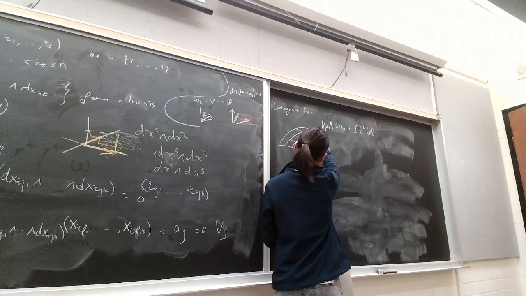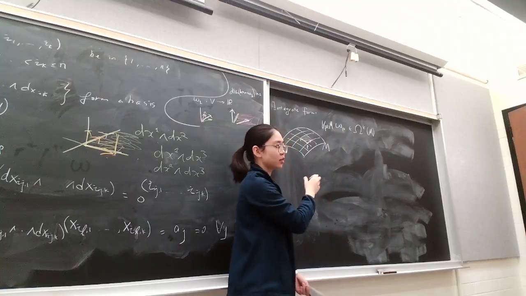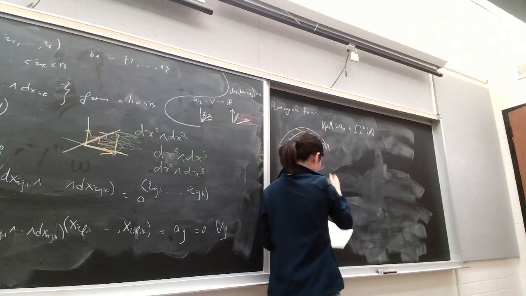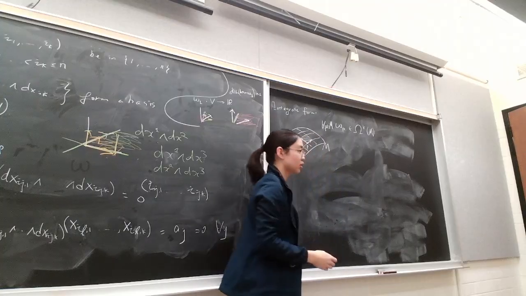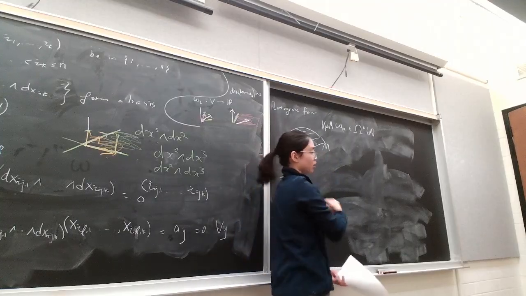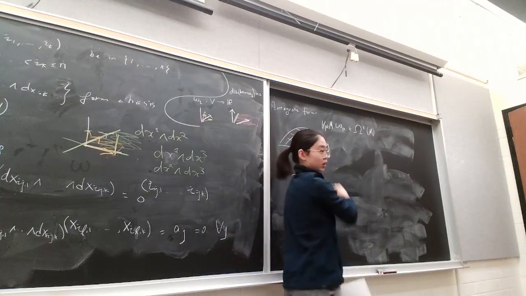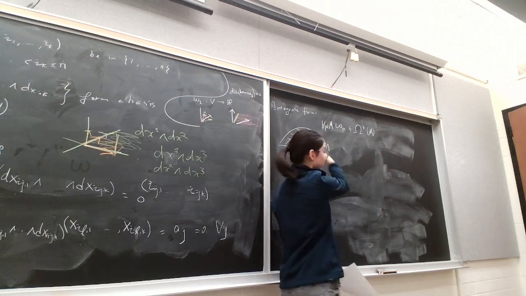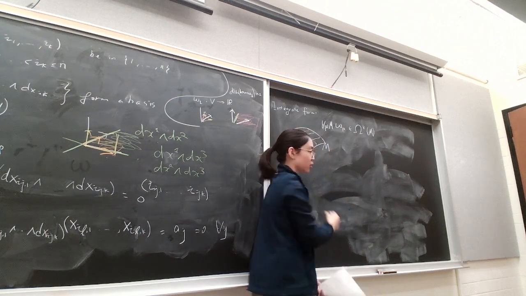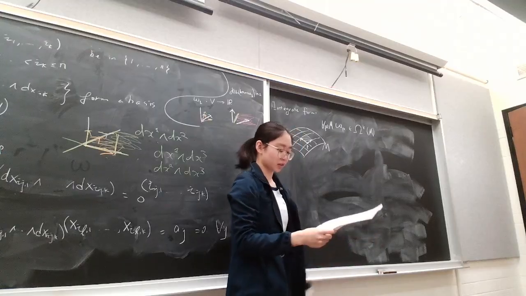It's not really a square, but if you take it small enough, you can approximate it to be one, right? Then you take these two vectors, and the form would tell us the area of that, and then we can sum over all of the little squares, and that will approximately give us the area.